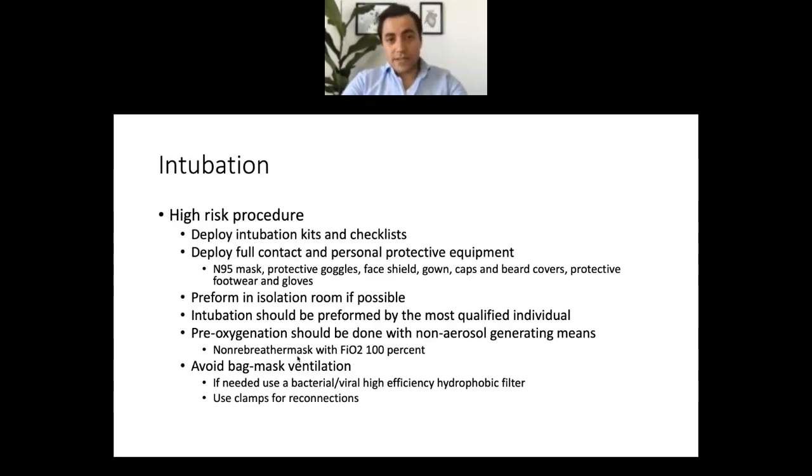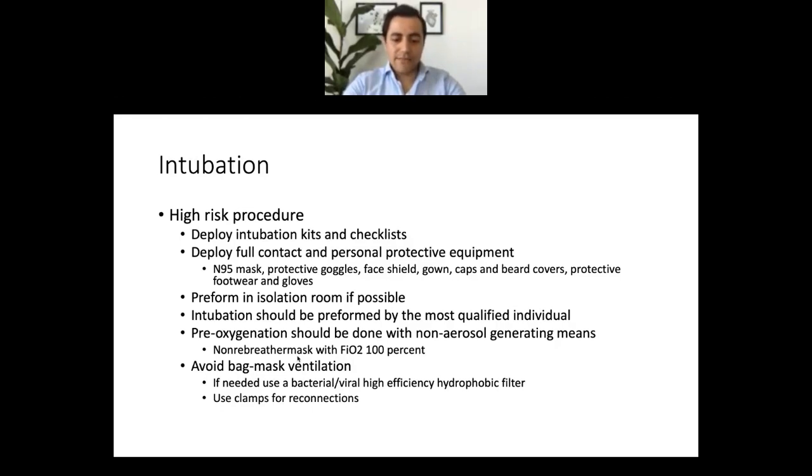The intubation itself is a high-risk procedure, and it should be done by the most qualified individual present at the moment. Mostly it is the anesthesiologist or an experienced ICU doctor. And I recommend you use intubation kits and checklists.